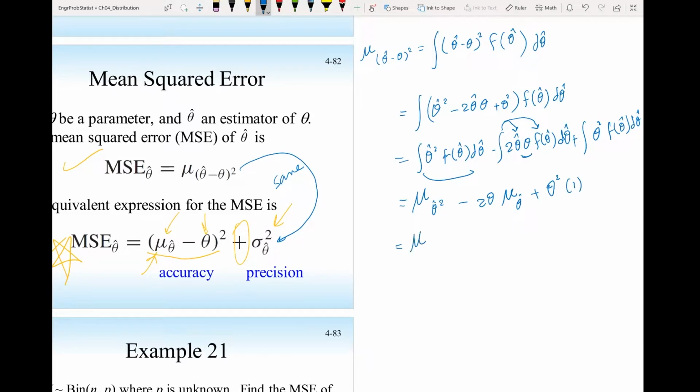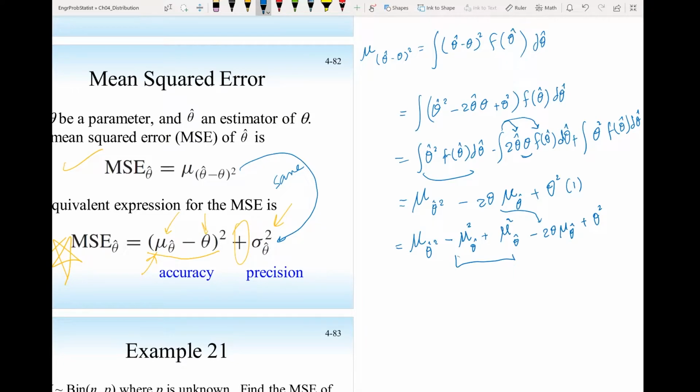Now mu theta hat square, I can subtract here mu theta hat square, but I have to add the same amount if I'm going to subtract. So then I have mu theta hat square. So this is just 0. You add the same amount, you subtract the same amount. Minus this comes here, 2 theta plus theta square.